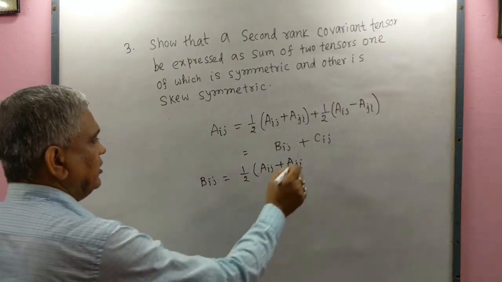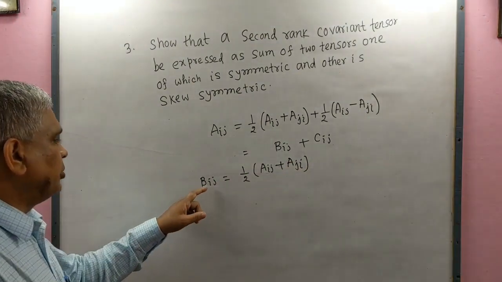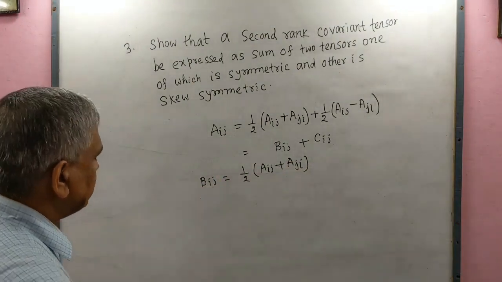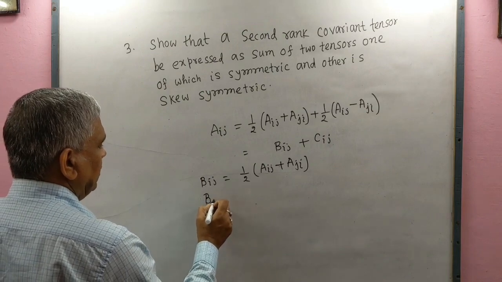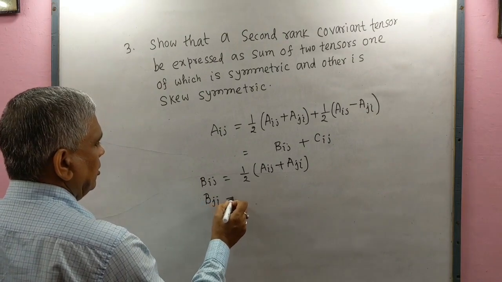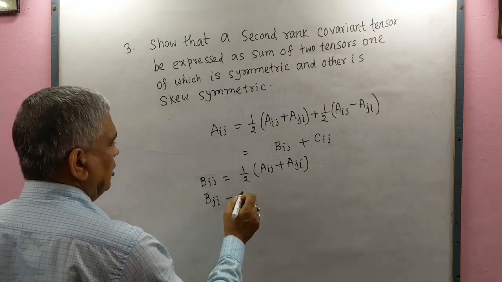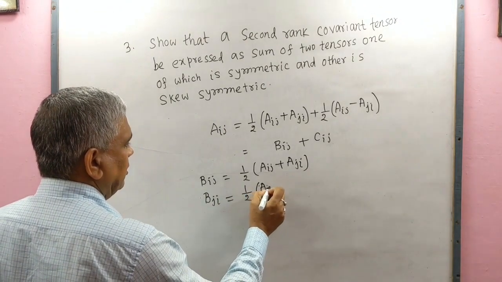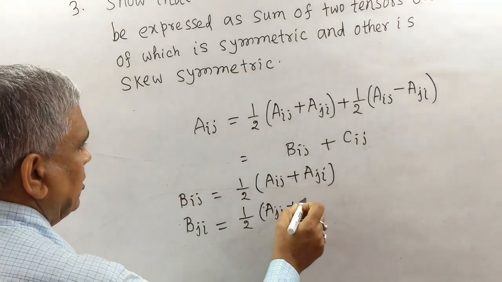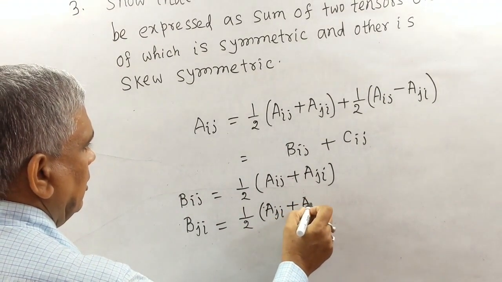By interchanging suffixes i and j on both sides, we get Bji equals half of Aji plus Aij.